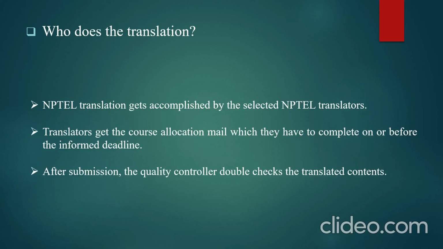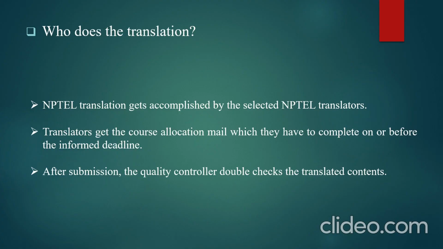Another question that comes to the learner's mind is, who does it? Very good question. The NPTEL translation gets accomplished by selected NPTEL translators. There are certain eligibility criteria set by NPTEL for the selection of NPTEL translators.